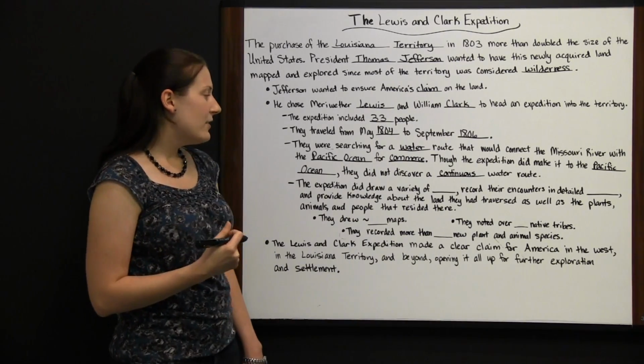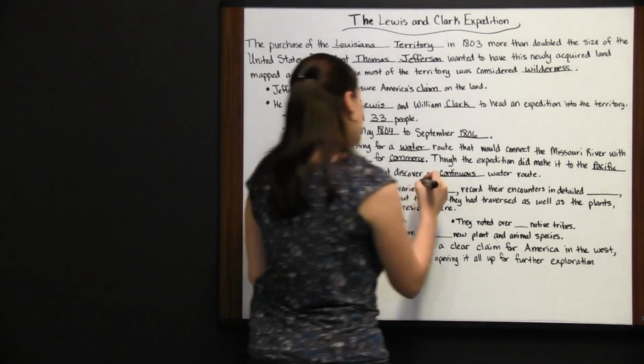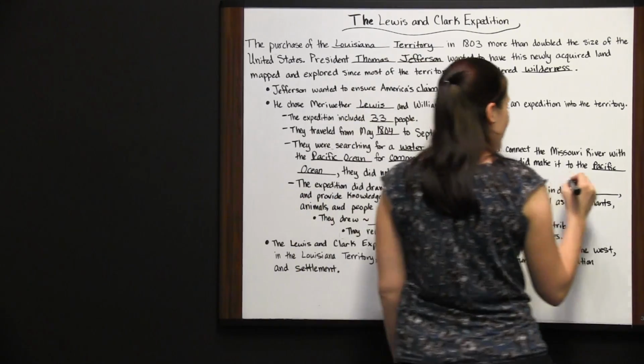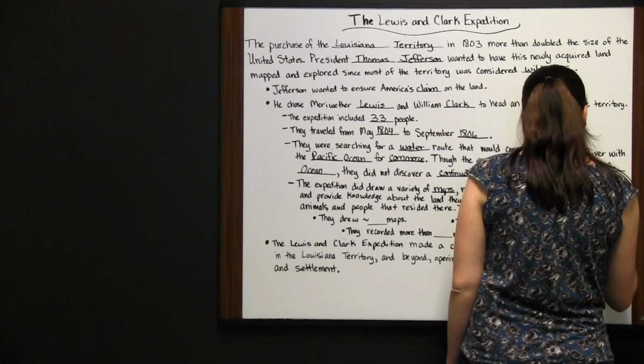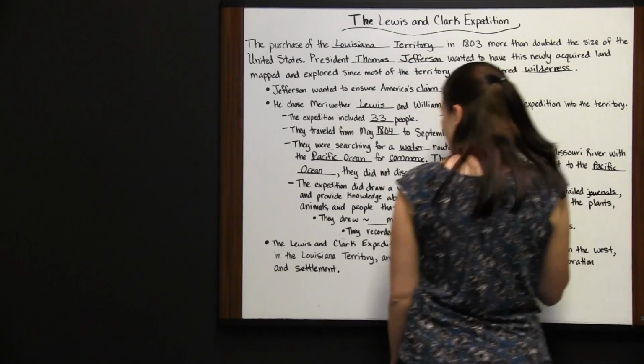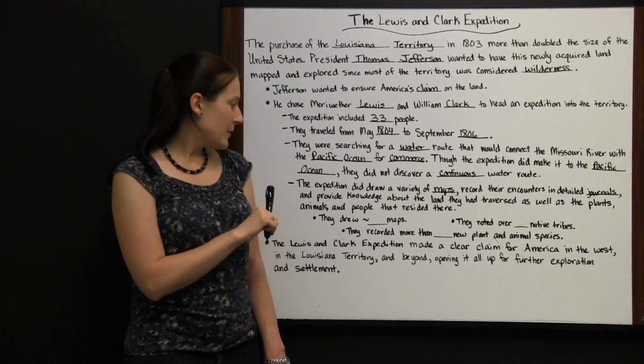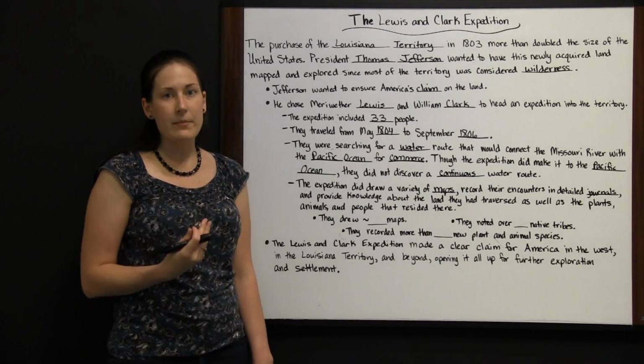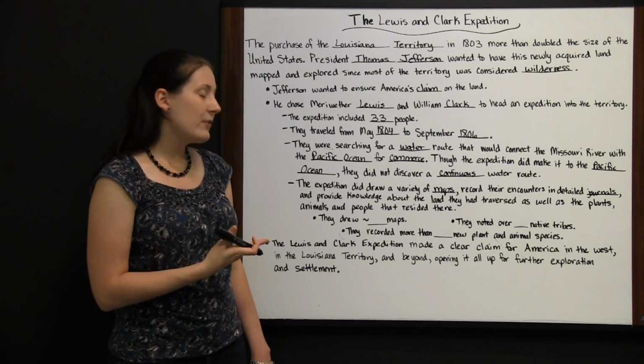The expedition did draw a variety of maps. They recorded their encounters in detailed journals. And the expedition provided knowledge about the land they had traversed as well as the plants, animals, and people that resided there.